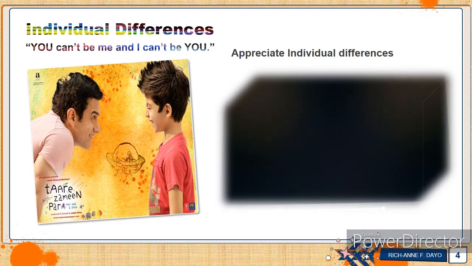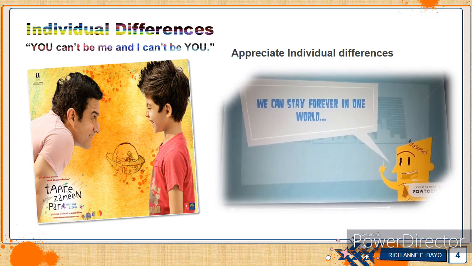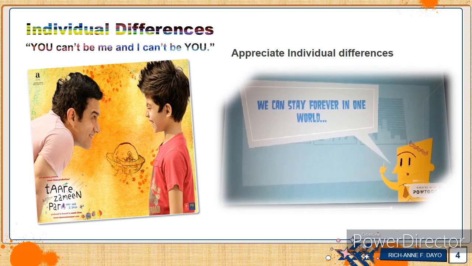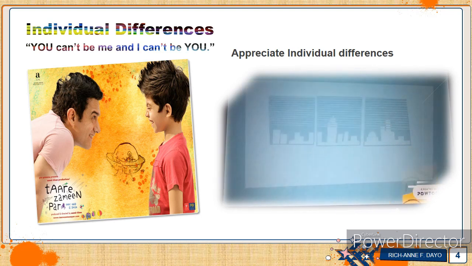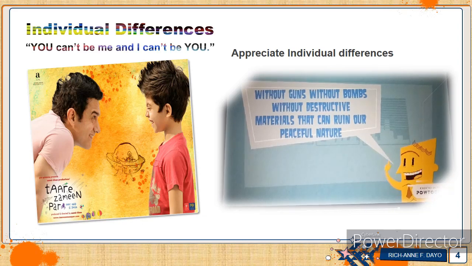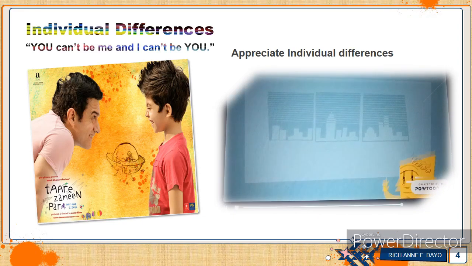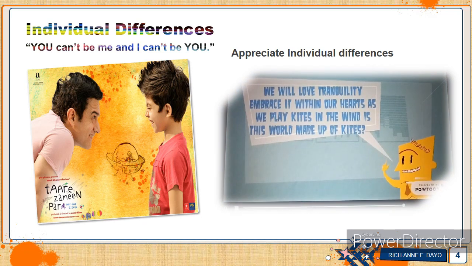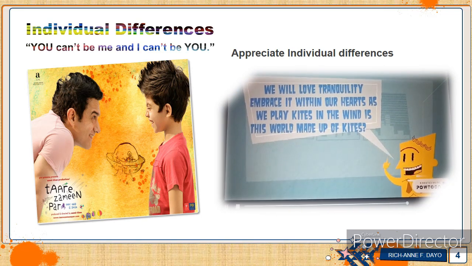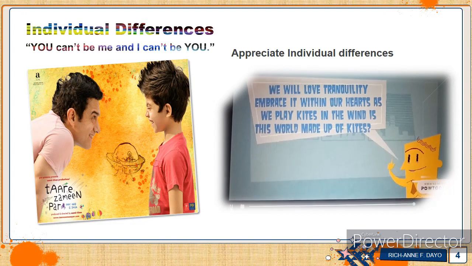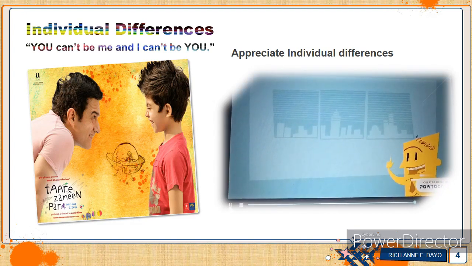I can be best friend for both of you. You can borrow things from me and her. We can stay forever in one world, without guns, without bombs, without disruptive materials that can ruin our peaceful nature. We will love tranquility, embrace it within our hearts as we play kites in the wind.